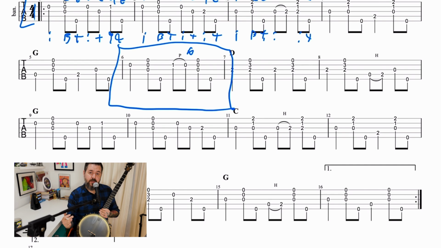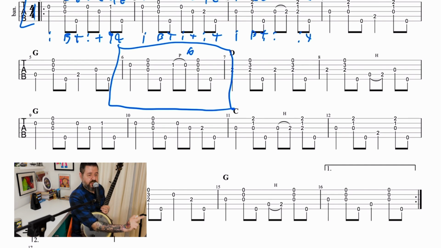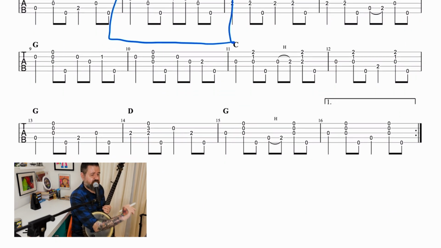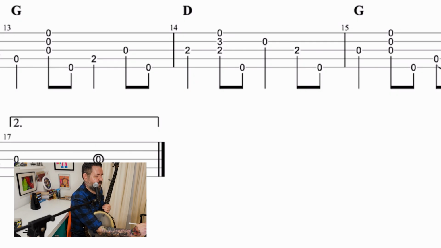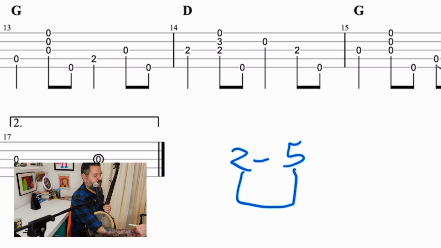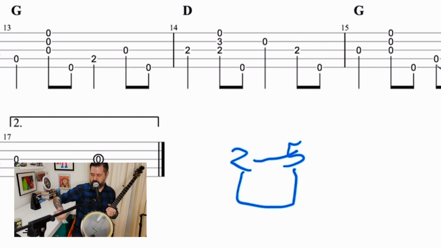Now there's one other embellishment that doesn't appear in this tab, but I want to show it to you because you will encounter it occasionally, and that's a slide. You'll see a slide, it'll be written like this. So say, for example, 2, we'll just pretend this is the 4th string, goes to 5. Those are tied with an 8th notes, but then we have a sort of diagonal line between the two.